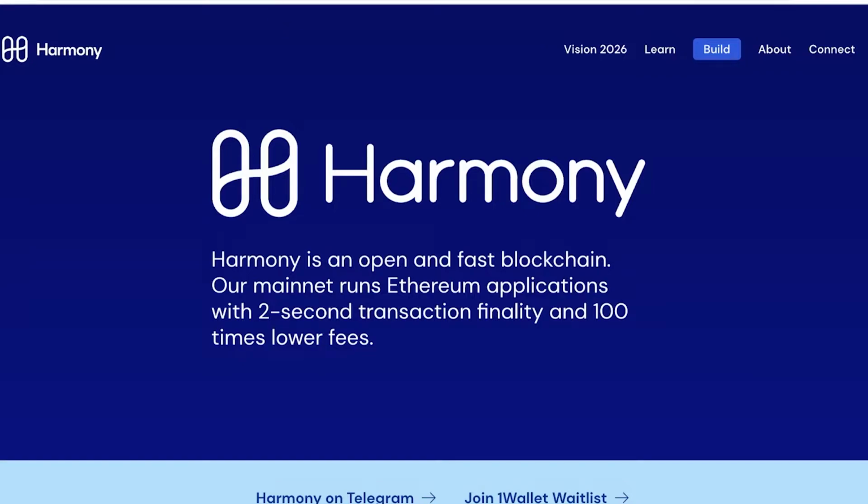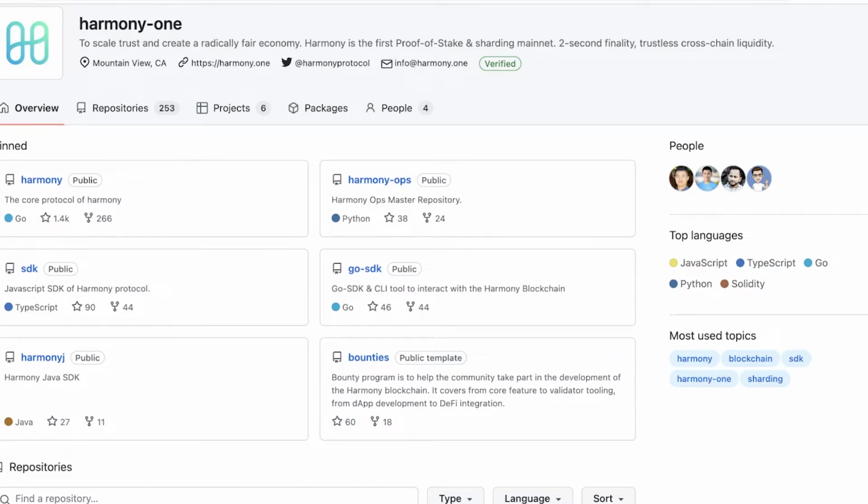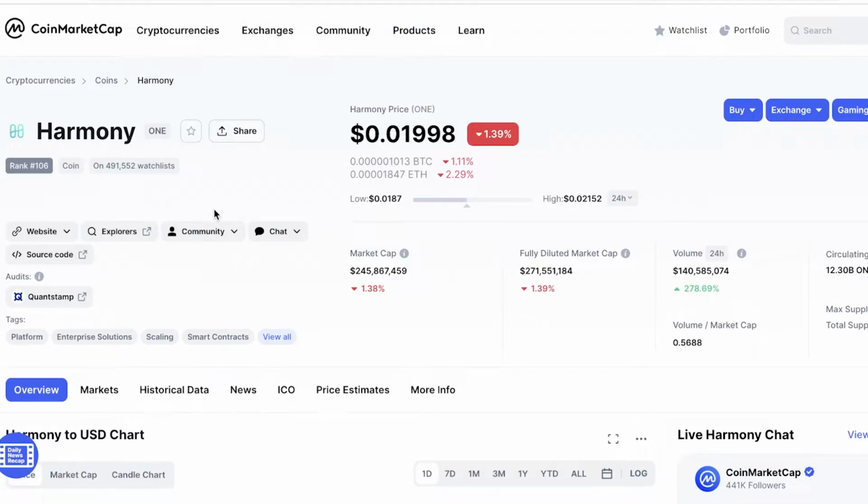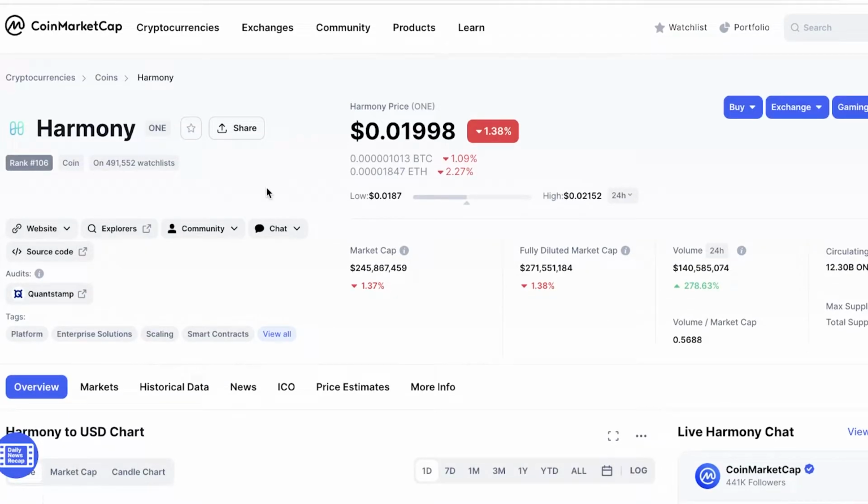Now, if we take a look at Harmony over here, Harmony also has a native token called One. One is the native token of Harmony, and that is what a lot of you guys might be tuned into seeing. One is ranked 106 according to CoinMarketCap presently. It is present on almost 500k watch lists, and the overall market cap for the One token is around 250 million.